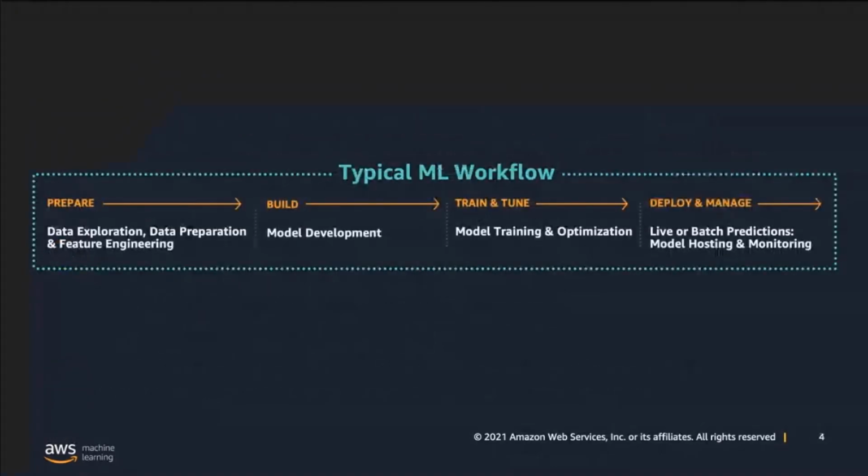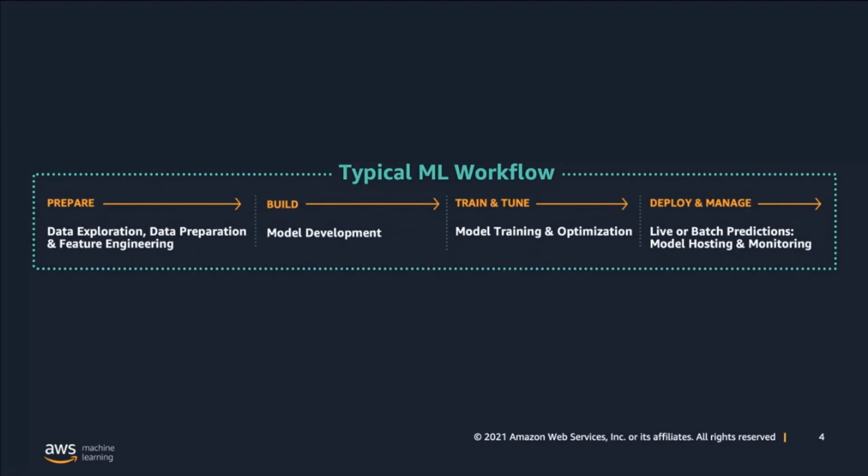Now, to level set, a typical ML workflow entails those four steps. You will have to start by preparing the dataset you want to train your model on. That involves lots of data exploration, cleaning, standardization, and feature engineering, and it usually is a quite tedious process to get it right.